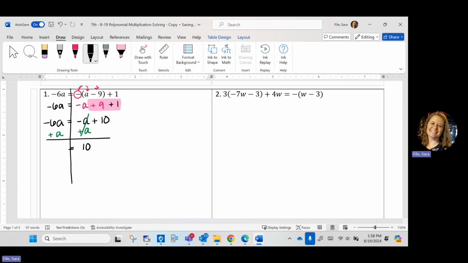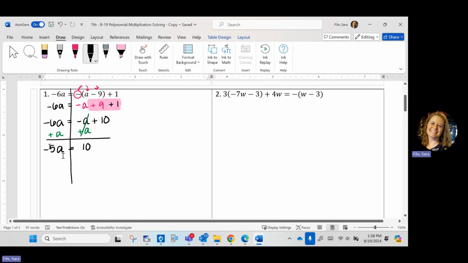On the left, what does that give me? I had negative 6a's and now I added 1, so that leaves me with negative 5a. In the solving we did with adding and subtracting polynomials last week, everything simplified down nice and pretty to just a single variable. So we didn't have any coefficients to remove, or to move, I should say.